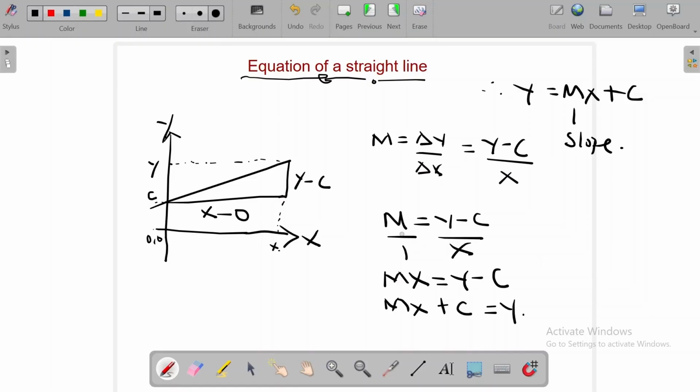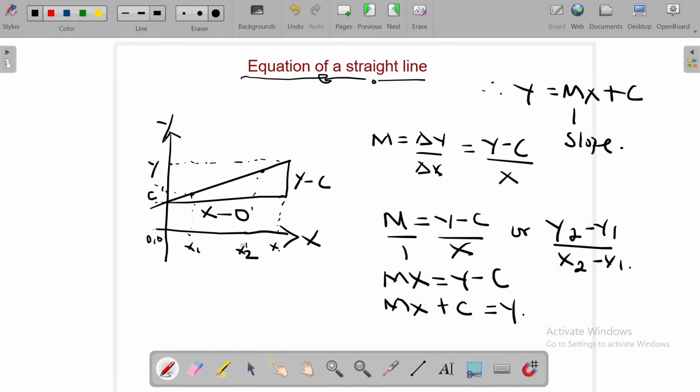Now recall, I said m is equal to y minus c over x, and this can also be written as y2 minus y1 over x2 minus x1. If I'm not considering the line to cut the y-axis, and I'm considering a point here and a point here, I'm going to have a value for x1, a value for x2, and likewise y1 and y2.